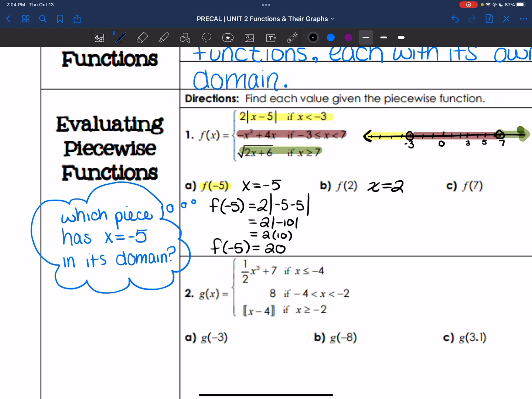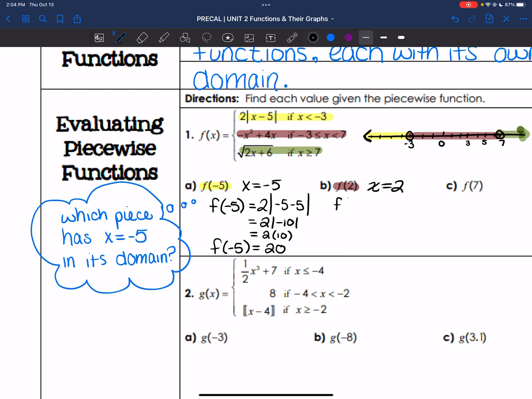Which piece includes 2 in its domain? The yellow, red, or green? All right, well, ladies and gentlemen, that would be the red piece. 2 is included in that red section. It is right here. So let's go ahead and evaluate that.